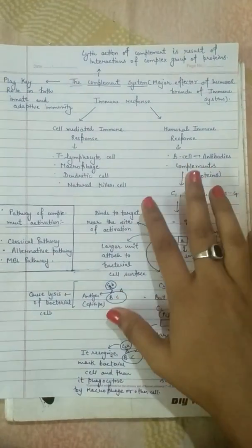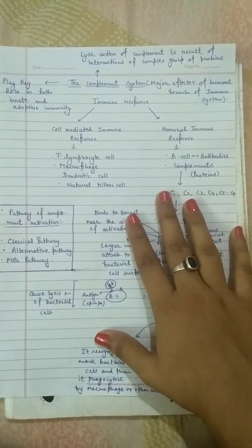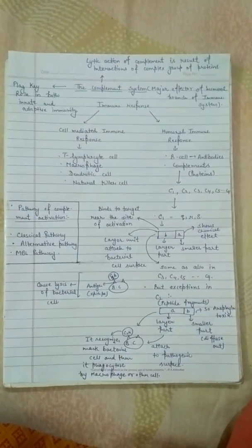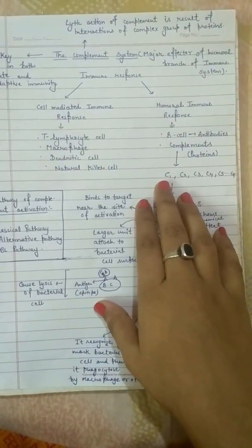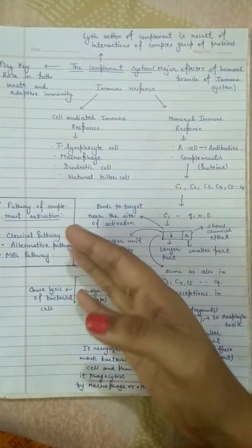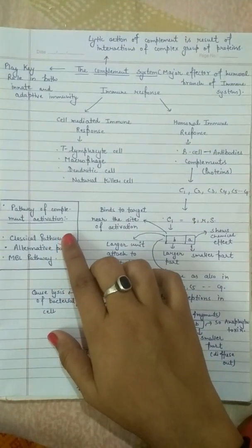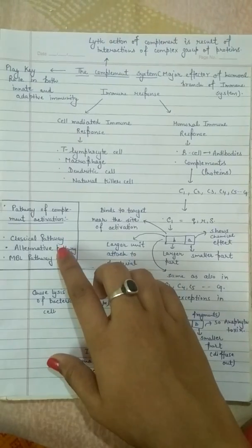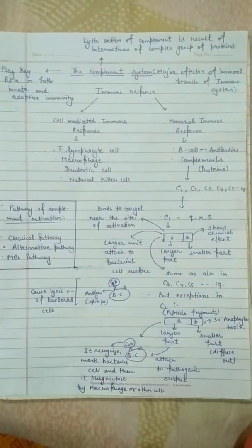I hope this video will help you understand the complement system, how it works, and what the types of activation of the complement pathway are. I will talk about all these pathways one by one in the upcoming videos.